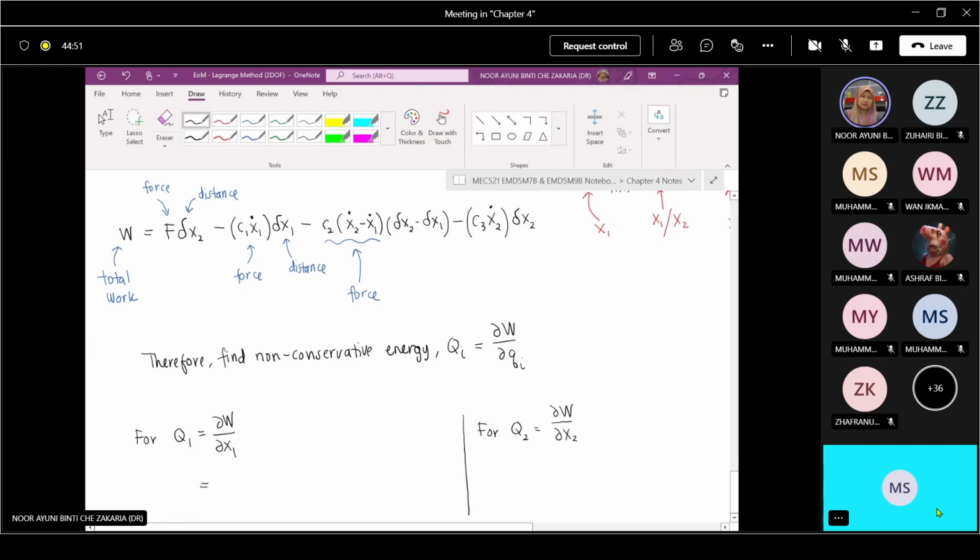So differentiate work with respect to x1, the change in x1. So look at force. There is no x1, so zero. Next, have a look at C1.